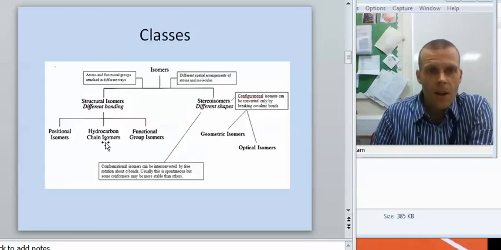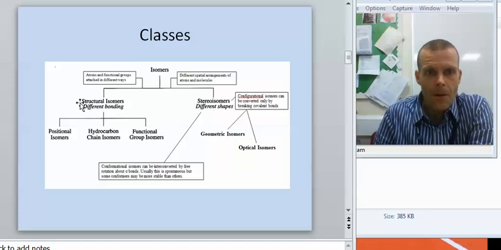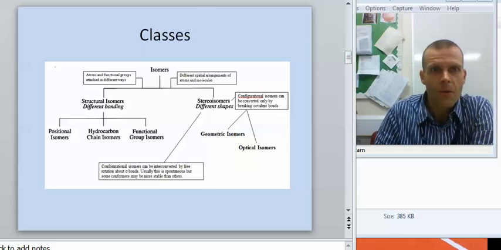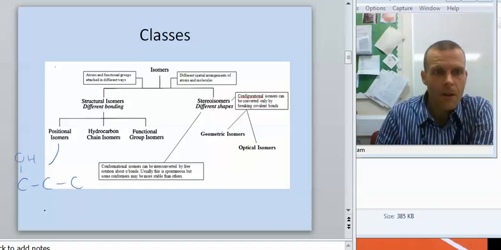So breaking that chart down a little bit, you can see the stuff here that we've covered. So positional isomers, hydrocarbon chain isomers, and functional group isomers. If we wanted to recap those a little bit, maybe over here we could have this being one form. There's our hydroxyl group there.